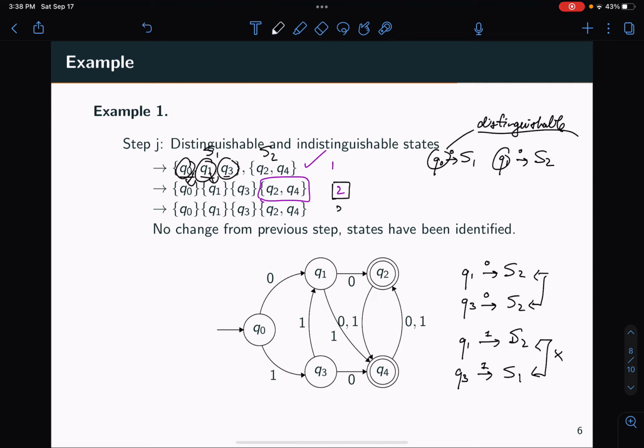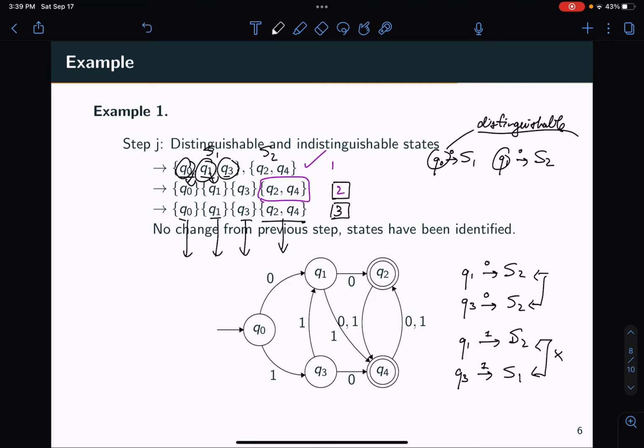And if you redo this exercise, I won't, but if you do, you'll see that Q2 and Q4 never split. They're never distinguished. And Q0, Q1, Q3, you don't need to bother rechecking because you can't remerge these states. And so now what I do is assign these guys to states.